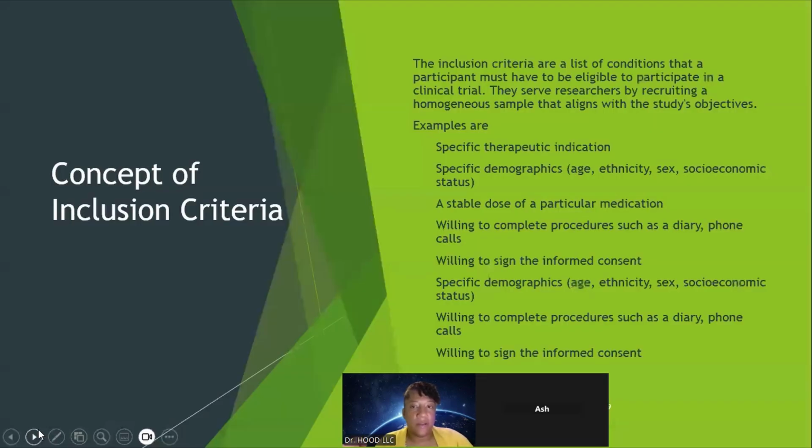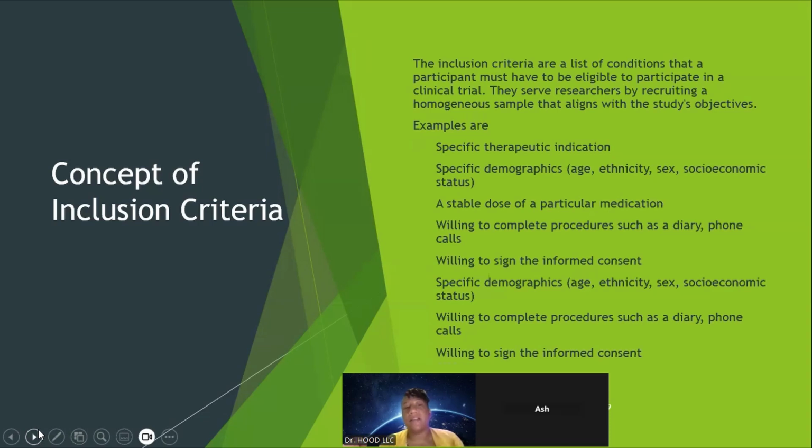Okay. So, the concept of inclusion criteria. The inclusion criteria are a list of conditions that a participant must have to participate. So it's no ifs, ands, or buts. Whatever is listed in the inclusion criteria, the patient must have. It could be a therapeutic indication, specific demographics, a stable dose of a particular drug.